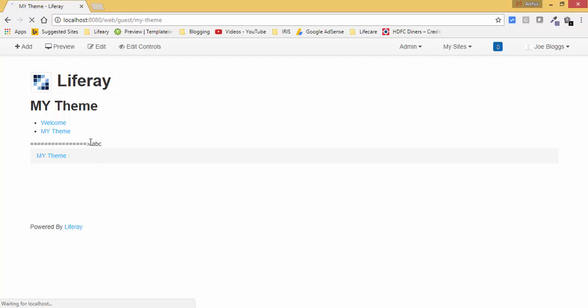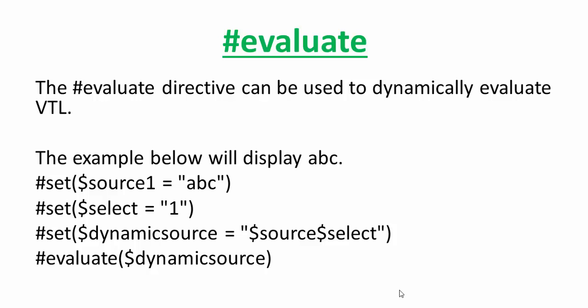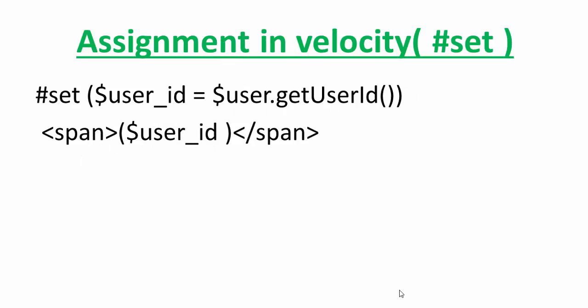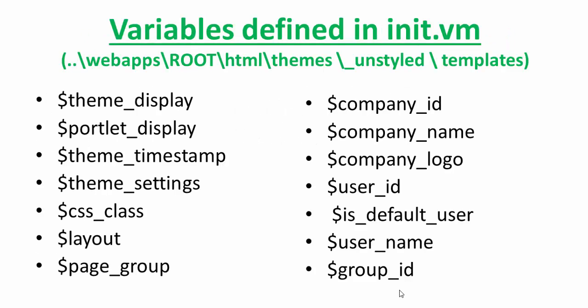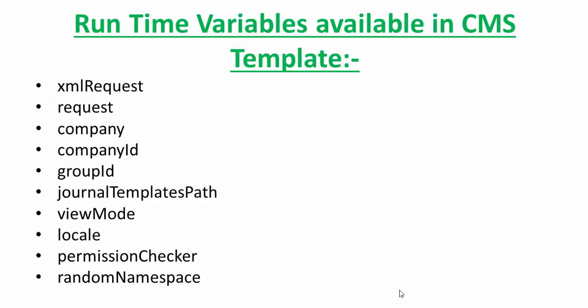It will display ABC. So this is some basic idea of Velocity templates. There are some tags, and the important thing is the variables defined in init.vm. We can use these to provide some conditions, hide something, show something on the basis of role or username or user ID. This is the real-time scenario.